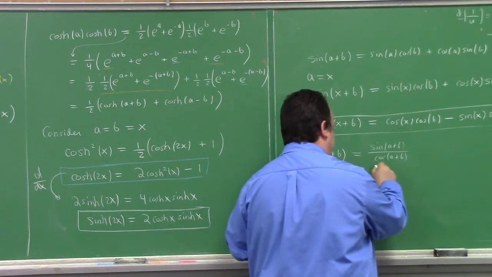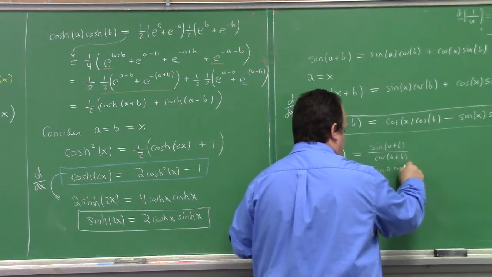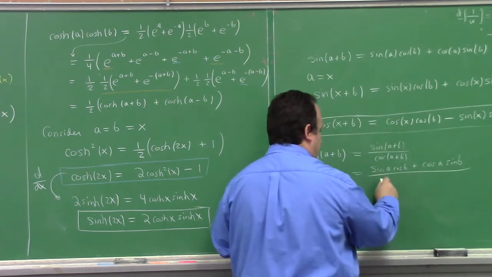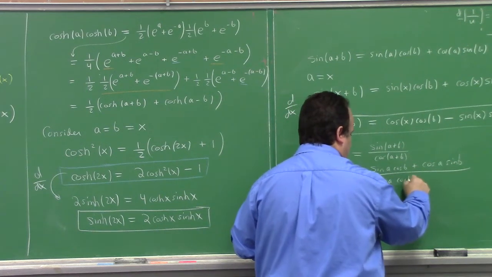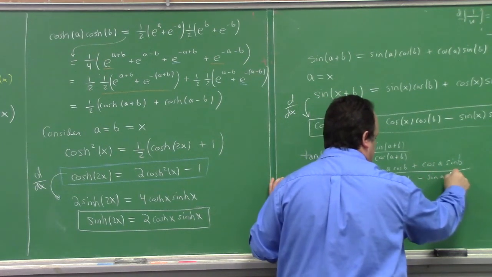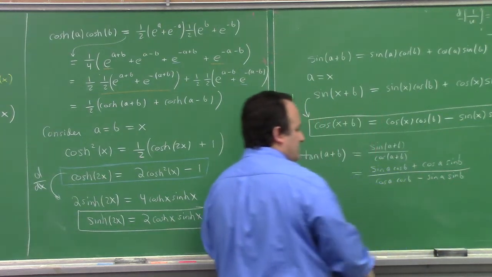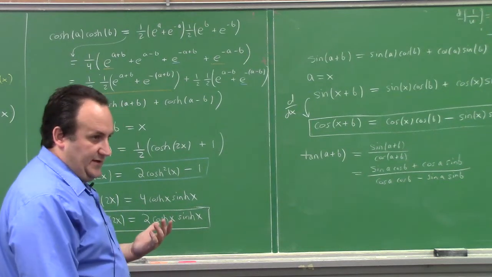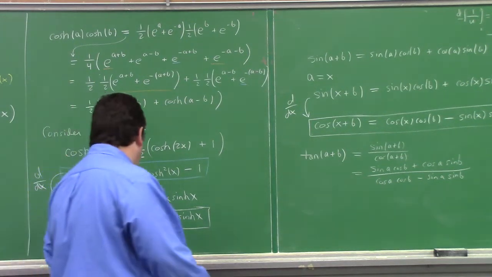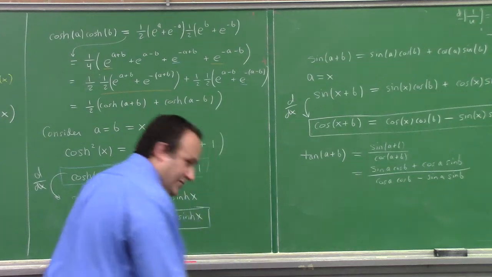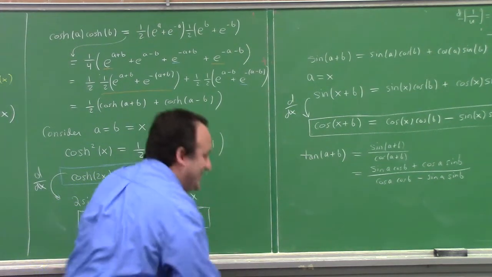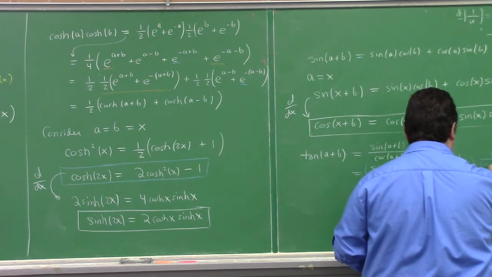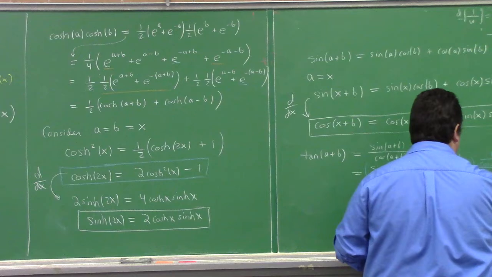Well, we know that that's sine a cosine b plus cosine a sine b divided by cos a cos b minus sine a sine b, right? And then you have various options to simplify it. If you want it back in terms of tangents again, the thing I would do is just multiply this by 1 over cos A cos B, and what happens?